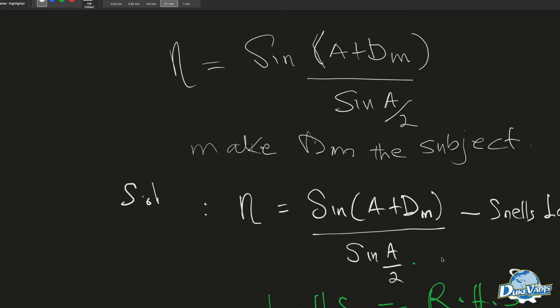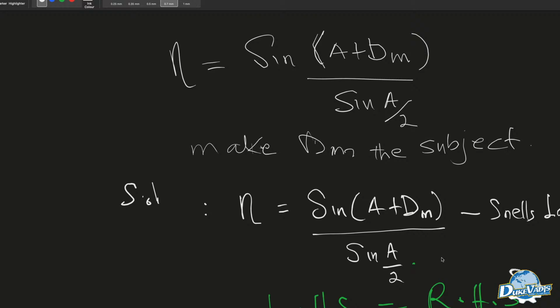As we saw earlier, the equation is given as n, the refractive index, is equal to sine of A plus D subscript M, all over sine A over 2. So A plus D subscript M is an angle, the same way A over 2 is also an angle.